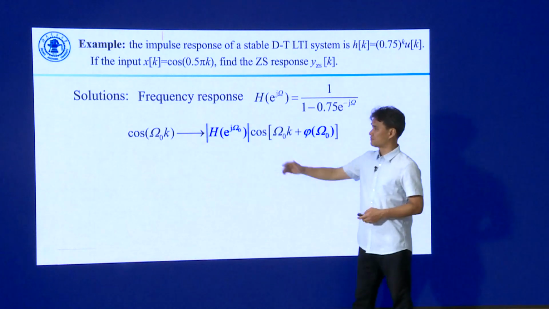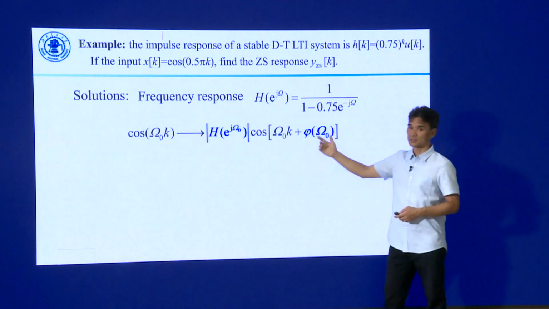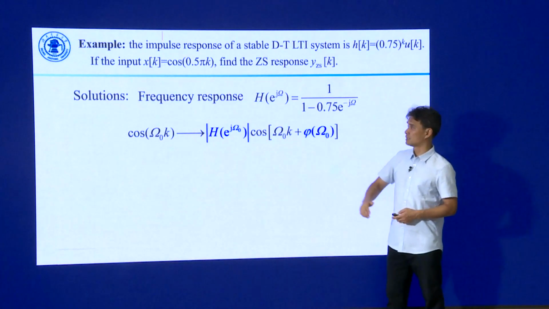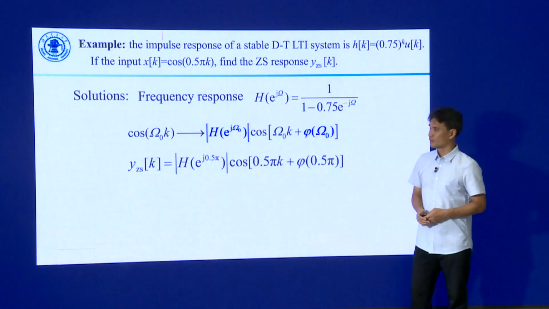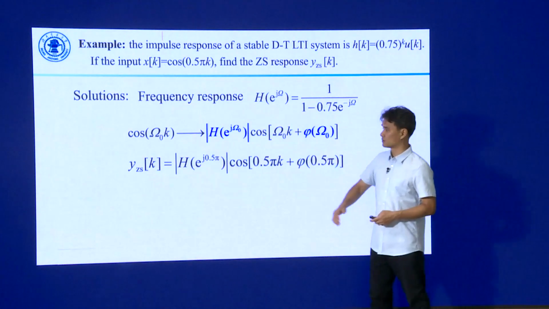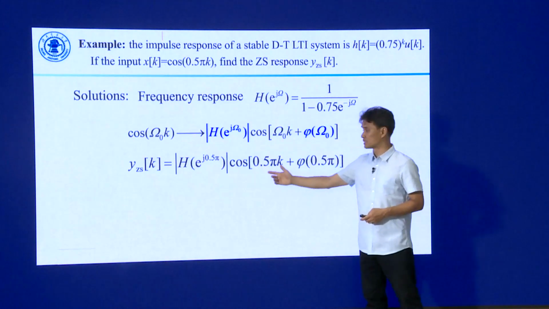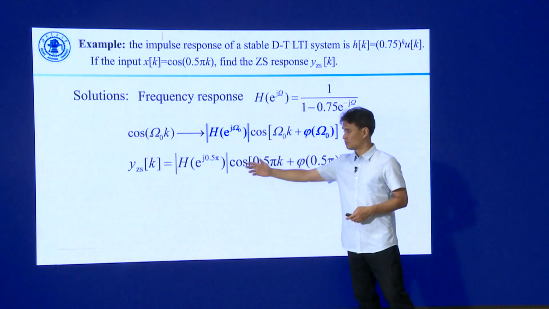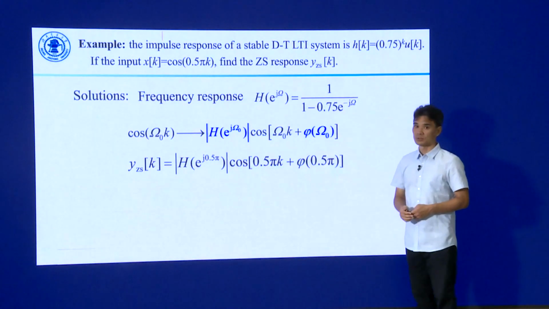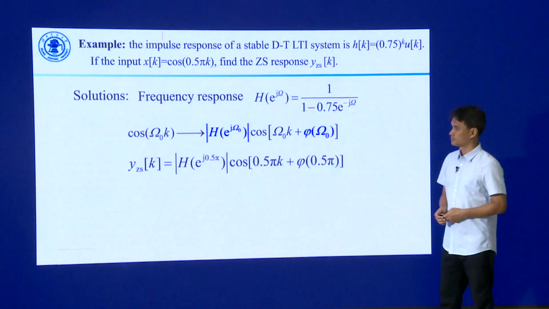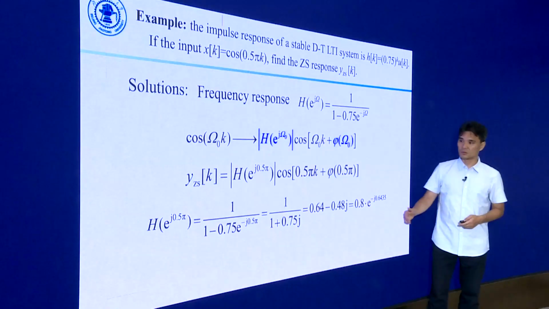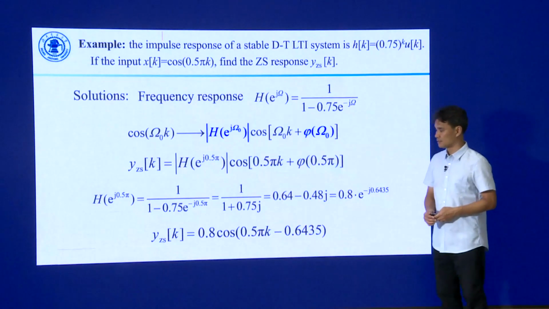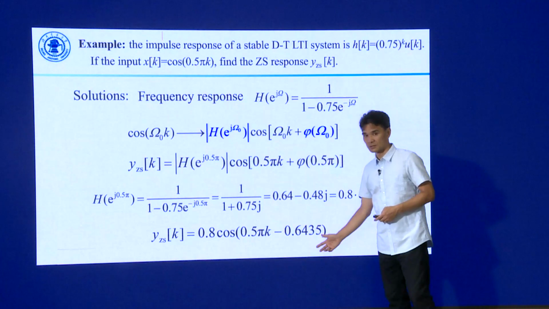And the cosine function's amplitude and phase will be modified by the amplitude response and the phase response, respectively. So what we can do is quite straightforward: the cosine function with the same frequency, but with modified amplitude and phase. Here are the results. This is how we represent the system in the frequency domain, and this is the zero-state response in the time domain.